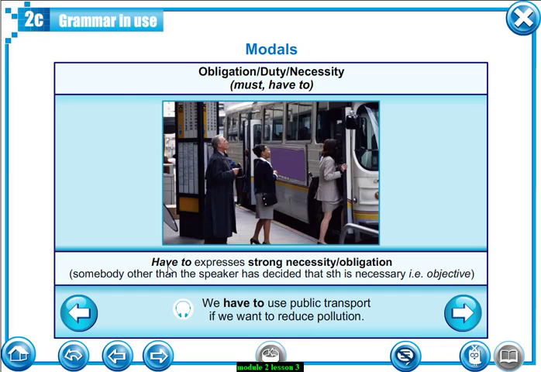With have to, somebody other than the speaker has decided that something is necessary, not the speaker himself. We said before that with must, the speaker himself decided that something is necessary, but with have to, somebody other than the speaker has decided.